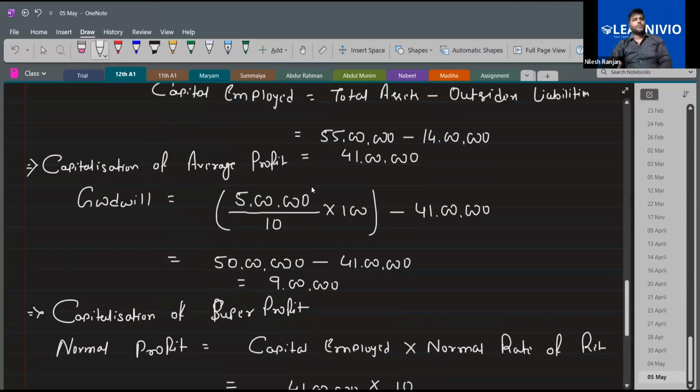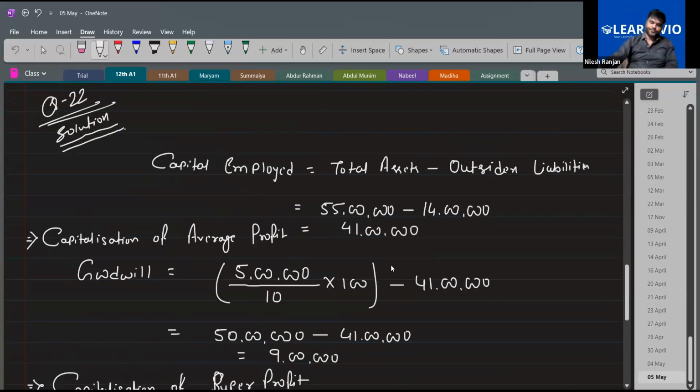So please write this one. And this is our Goodwill chapter.